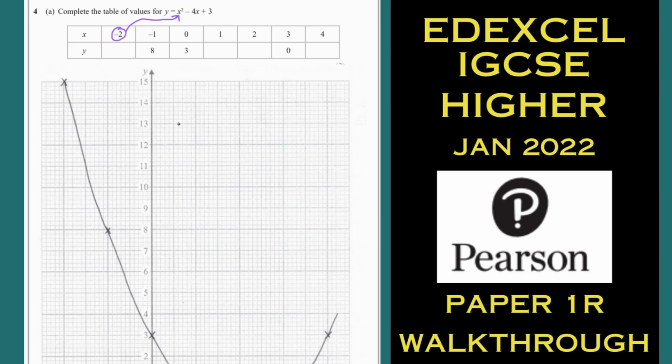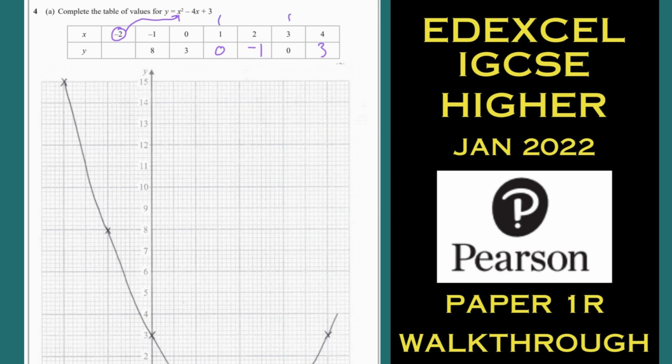Because with a quadratic, there is normally some symmetry, both in the graph and in the table. If you work these out correctly, there is some symmetry going on, as you can see, around the -1. So -1 is going to be where the vertex is, in this case, the minimum point.